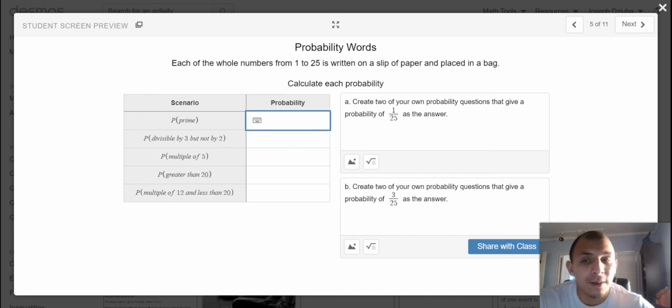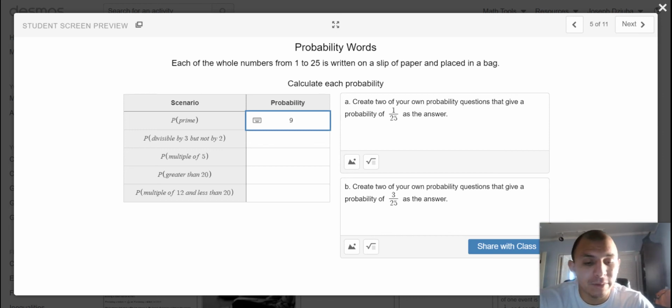So I'll start with the prime numbers. I know that numbers like 2, 3, 5, 7, 11, 13, 17, 19, 23, right? So that's 9.